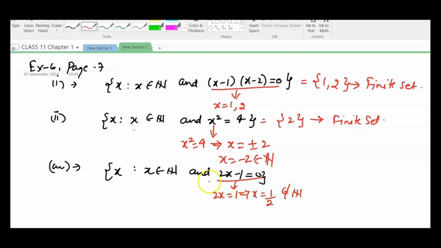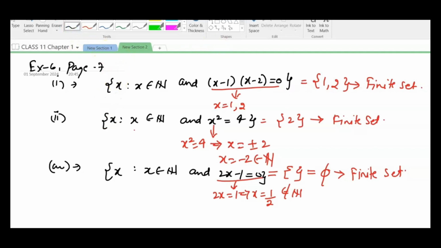And therefore, there is no x which is a natural number and which satisfies this equation 2x minus 1 is equal to 0. So this means that this is an empty set. You can represent it by this or by this. Okay. So an empty set is also a finite set. So therefore this is a finite set.